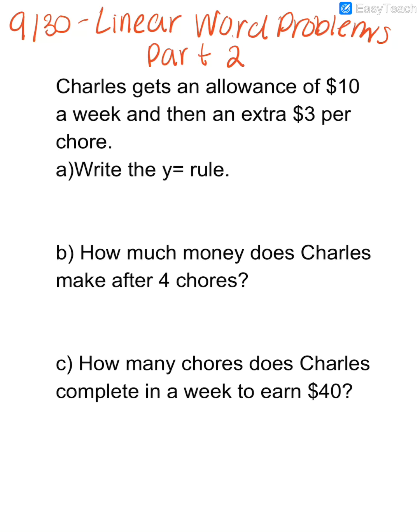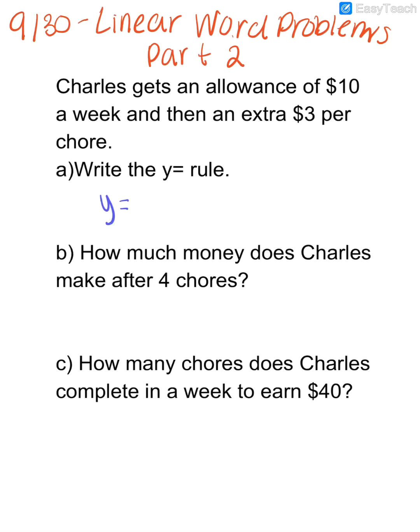So Charles gets an allowance of $10 a week, then an extra $3 per chore. I'm going to start by writing that y equal rule. So I have y equals, so if he gets $10 per week, no matter what, because that's what an allowance means. You get that no matter what.